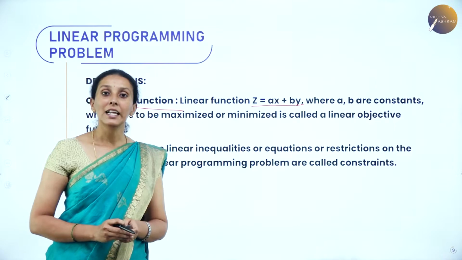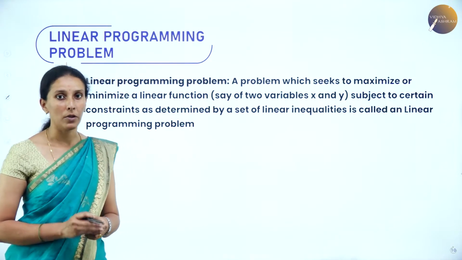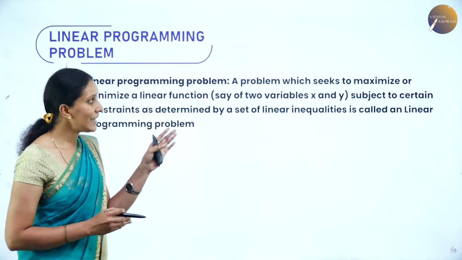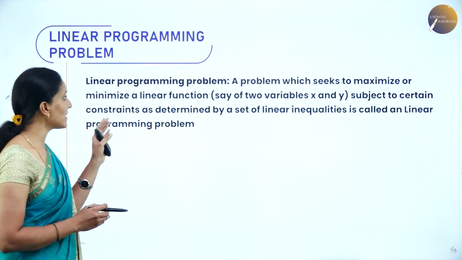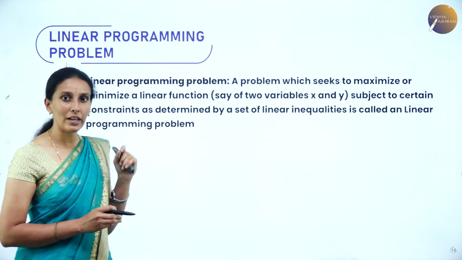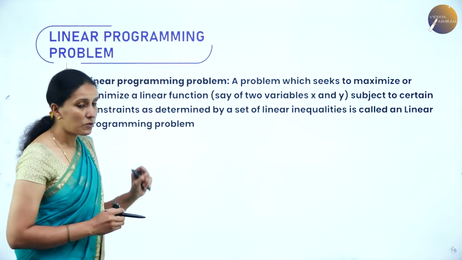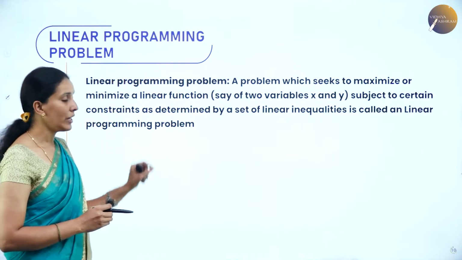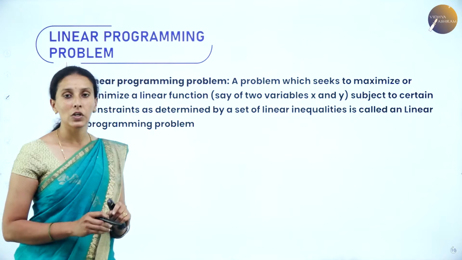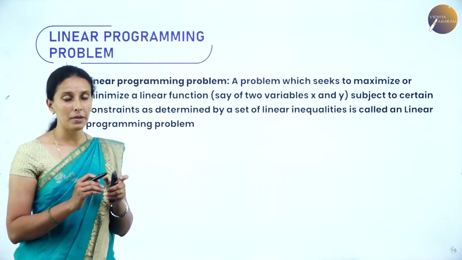The next one is the linear programming problem. What is a linear programming problem? A problem which seeks to maximize or minimize a linear function in terms of variables, generally x and y, subject to certain constraints determined by a set of linear inequalities, is called a linear programming problem.